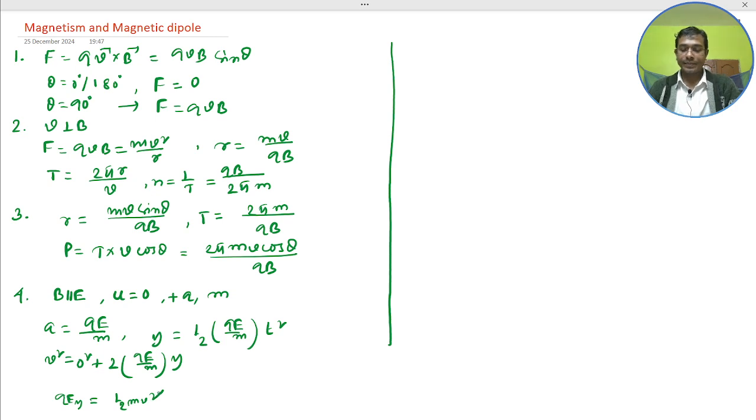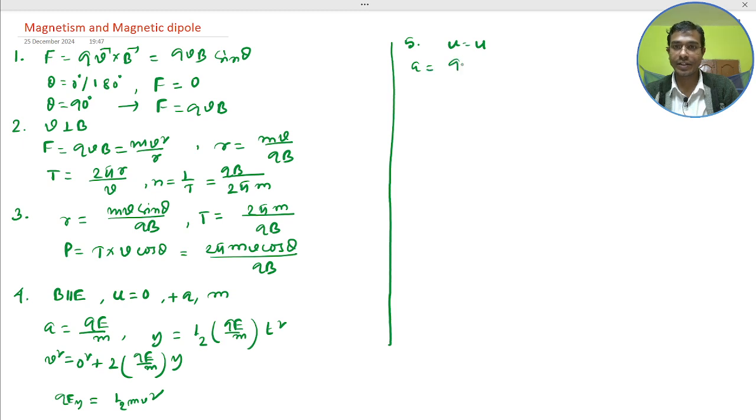Another case is initial velocity u, and all else remains the same.